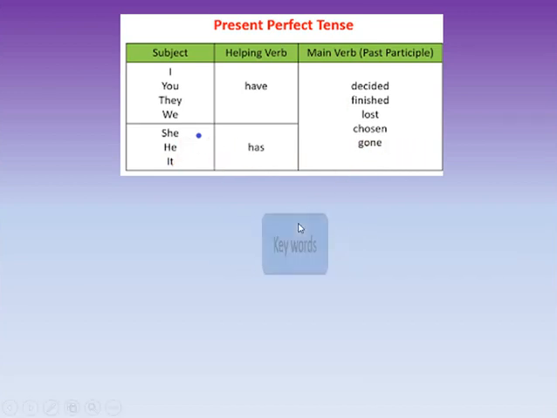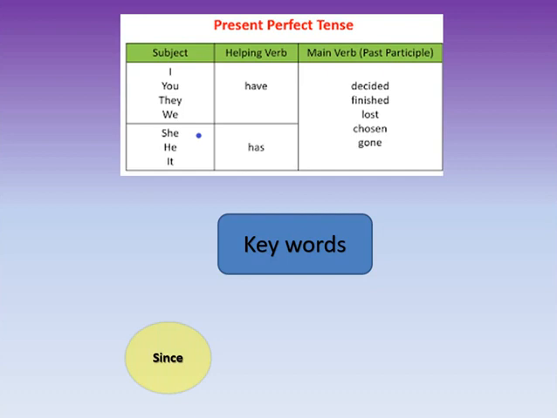And look here, we are going to see now the most common keywords of the present perfect. So when we see these keywords, we know that this is a present perfect sentence. Look here, we have since. He has lived in Amman since 2000. He has lived in Amman for 13 years.